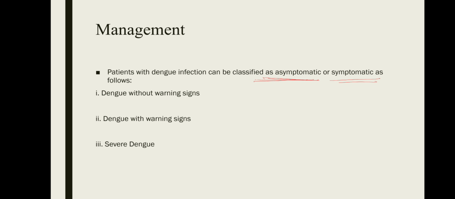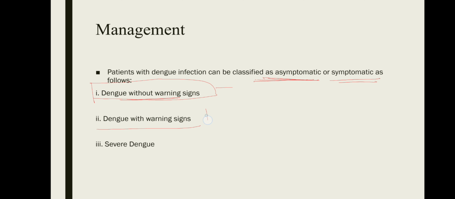If symptomatic without any warning sign, just like a normal viral fever, having 2 to 3 days of fever without any warning sign, and after that the fever becomes normal and the child recovers well, then there is nothing to do. That means dengue fever without warning signs: give only paracetamol and ORS, and nothing else to do.